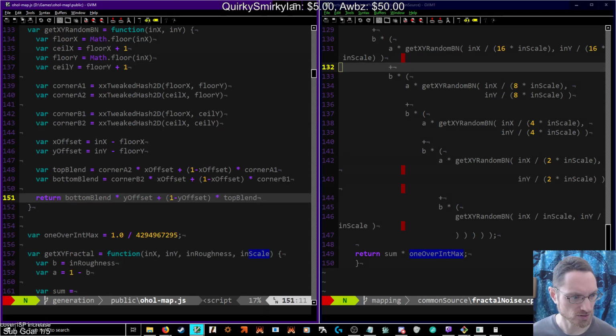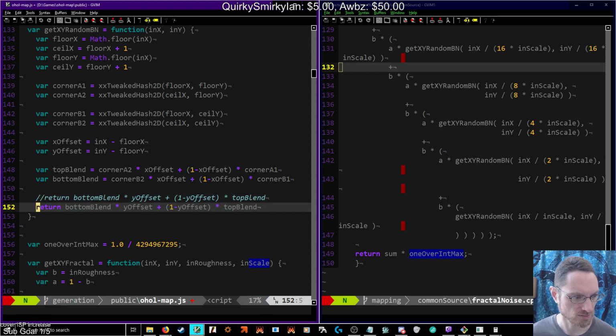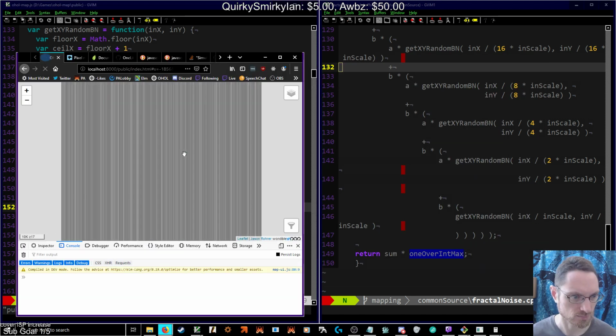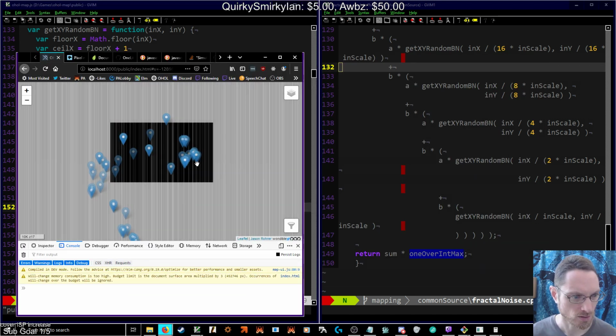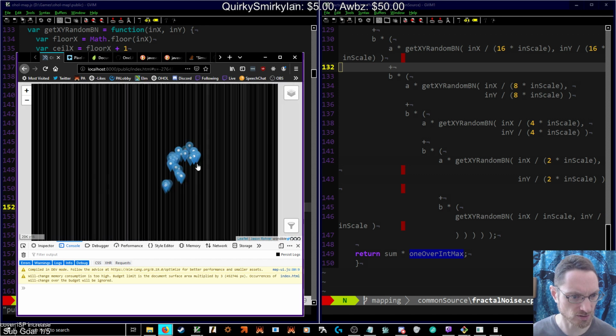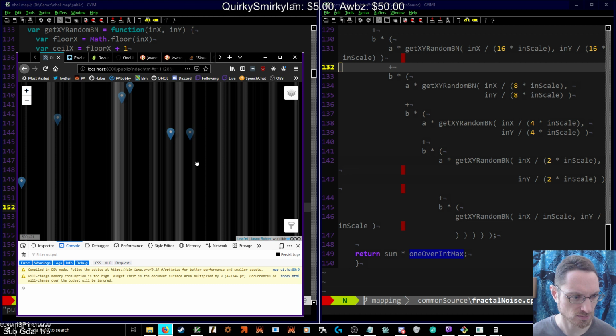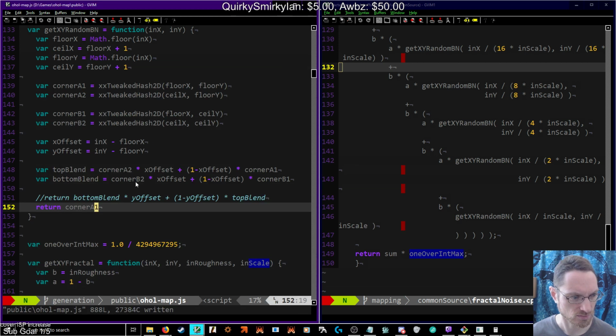What if we just did something? Okay, so we still have the striping. We did lose the diagonal, though. And A1 is the floor.